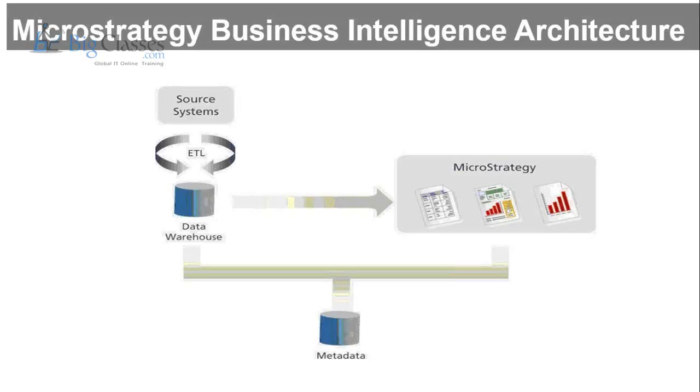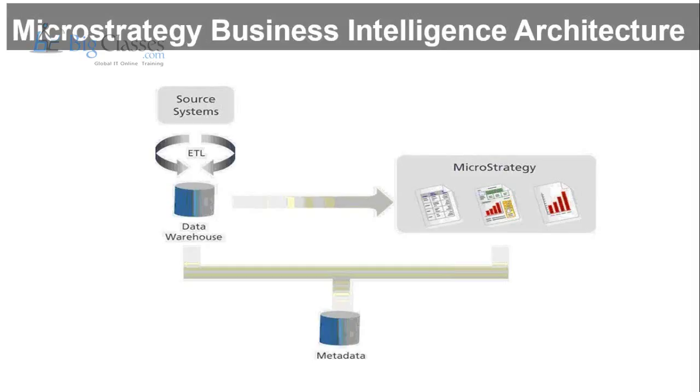Let's take an example. Say I'm trying to run a report which gives me the yearly sales, the yearly revenue information. I've placed one object which gives me the year data and one object which gives me the revenue data. When I run that report, it will first come to the metadata and read the object definitions.